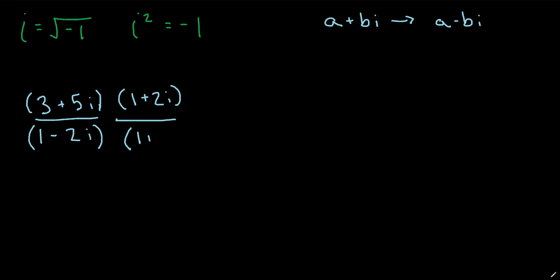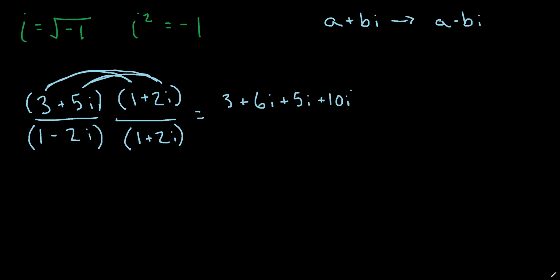So let's go ahead and do that. In the numerator we have 3 times 1, and then 3 times 2i, so that's 6i. And then we have 5i times 1, that's just 5i. And then we have 5i times 2i, that's 10i squared.